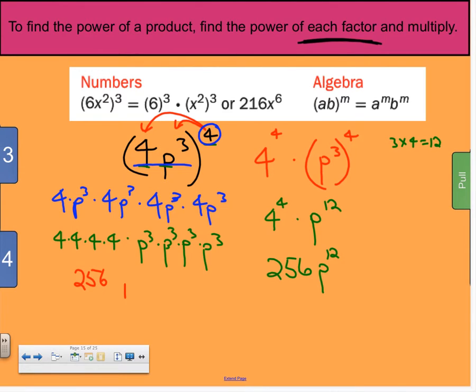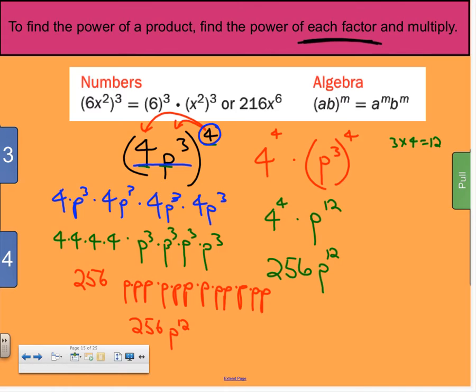P to the third is p times p times p, and then I have that 3 more times, and 3 more, and finally 3 more. And altogether, when I write it out, how many p's do I have? 12. So it can be rewritten 256p to the 12th.